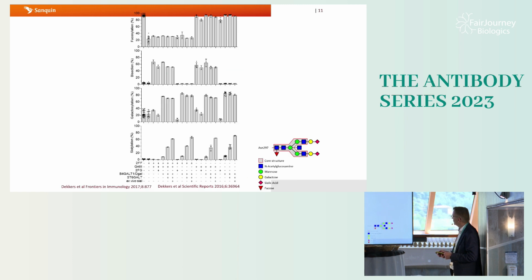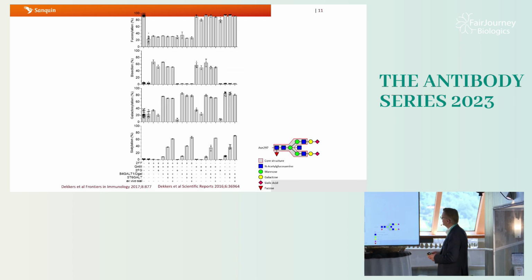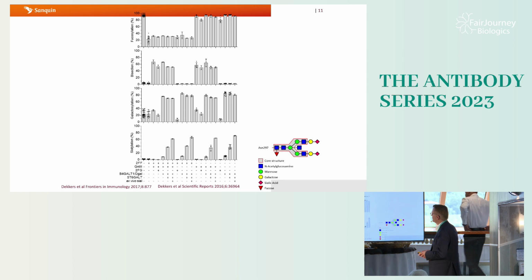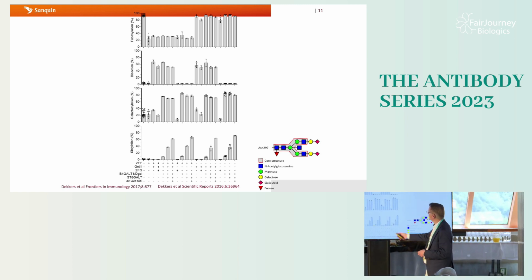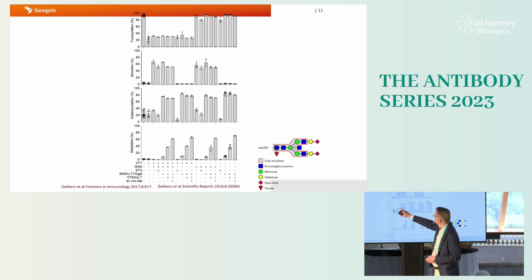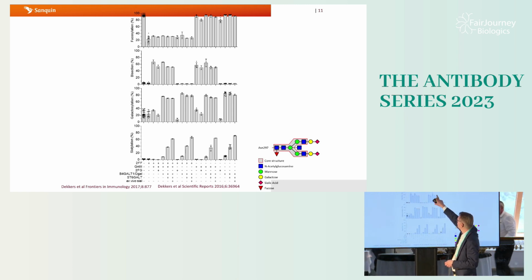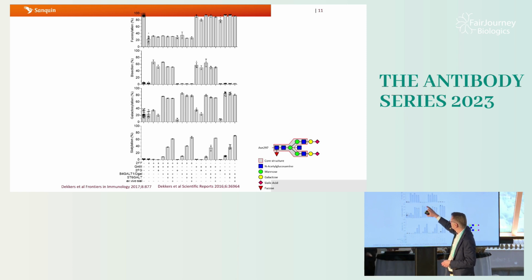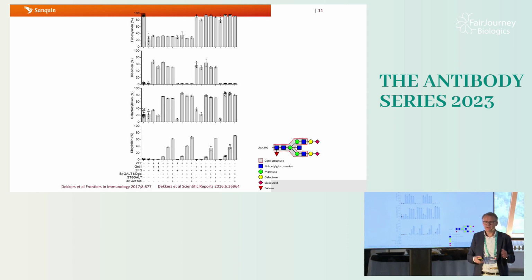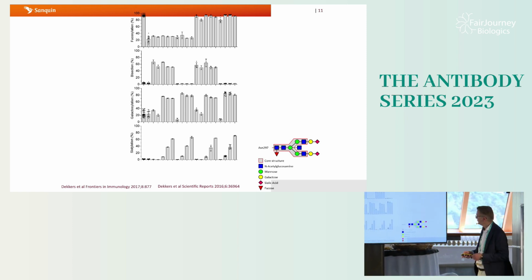In this way, we could generate quite efficiently and reproducibly antibodies of any desired glycoform, either fully fucosylated, and then we can take that down to 20% or a little bit higher sometimes, with or without bisecting GlcNAc, increasing galactosylation and sialylation. So basically in context of each other.